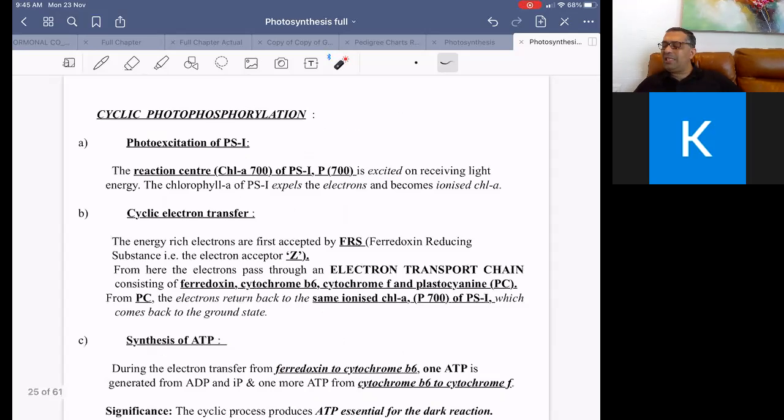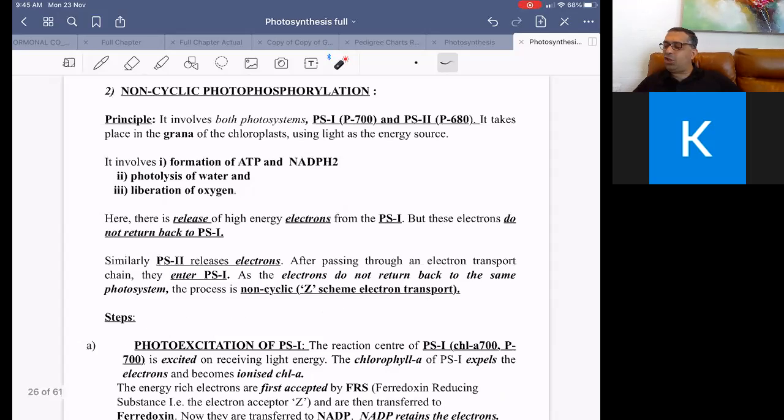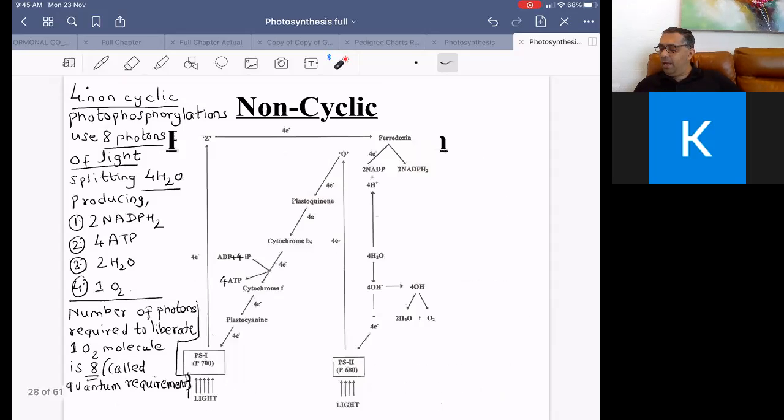एंड नॉन साइक्लिक फोटोफॉस्फोराइलेशन में यू हैव, ध्यान से, PS1 फोटोसिस्टम 1 वापस यूज होता है एंड फोटोसिस्टम 2 भी वापस यूज होता है. तो साइक्लिक और नॉन साइक्लिक दोनों में फोटोसिस्टम 1 यूज होता है.